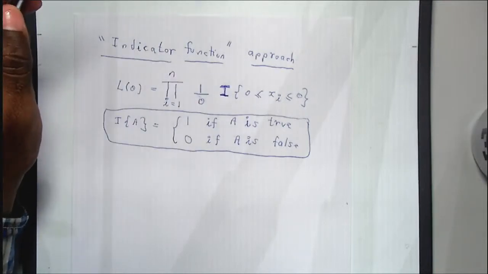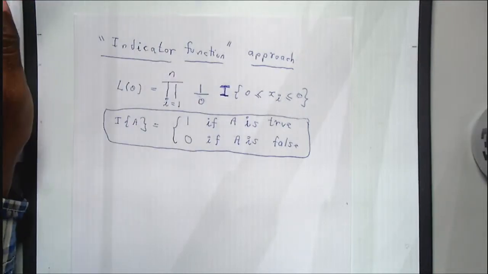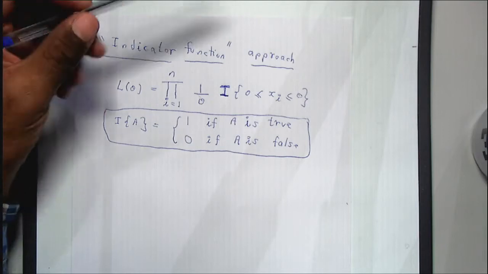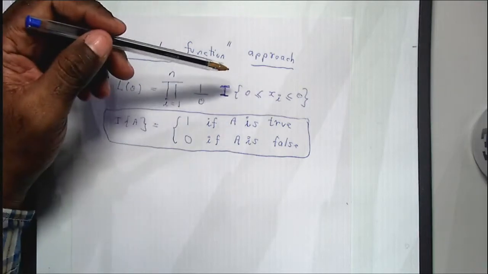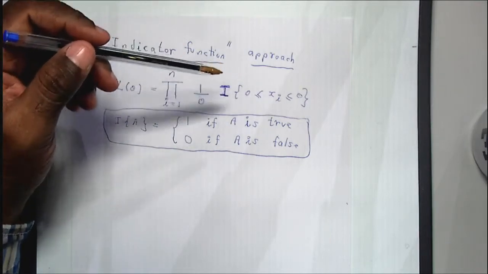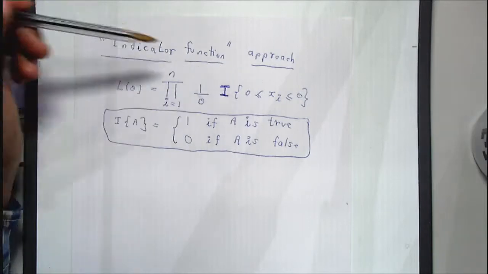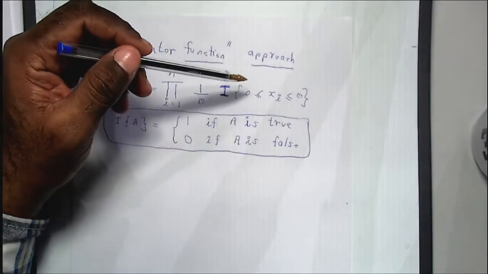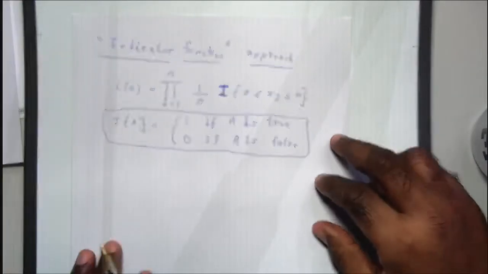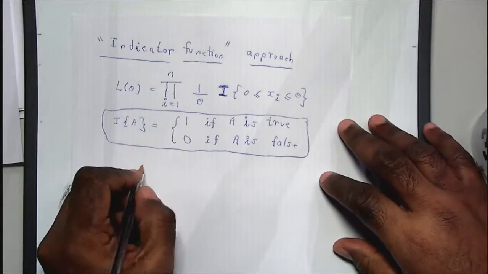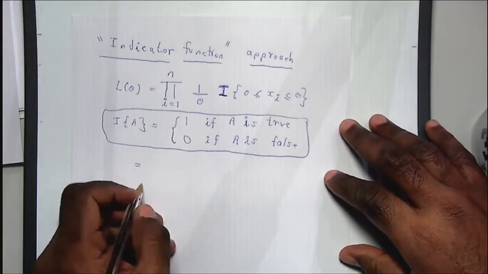Because remember, the uniform distribution is defined only when xi is between 0 and theta. So you don't want to define it if it is outside the range.